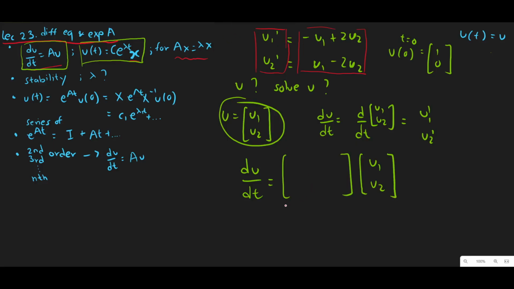So here is our matrix A, this is our vector u, and this is the first derivative of u. This is exactly what we have here. Let's compare that. We have that exactly as it is, and now we need to fill in this matrix A and just follow along with this. So we have -1, 2, and then 1, -2.